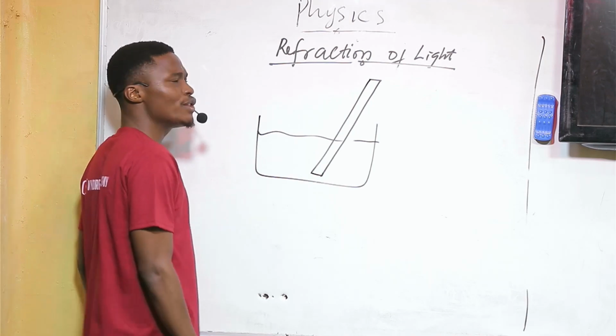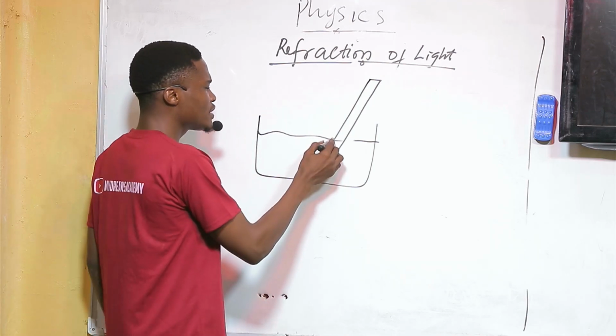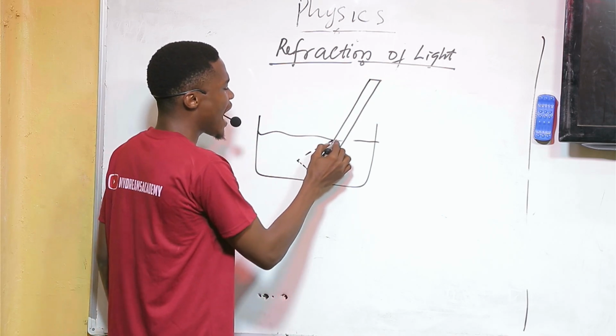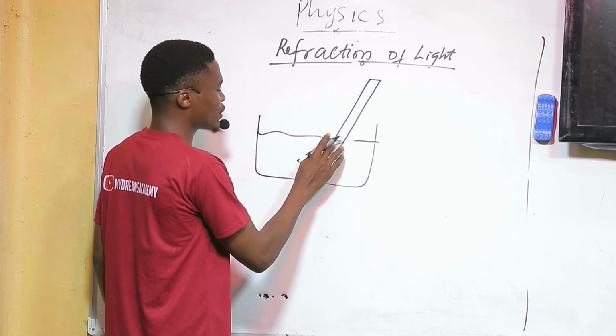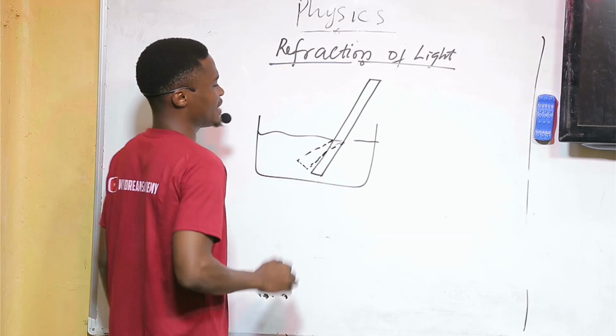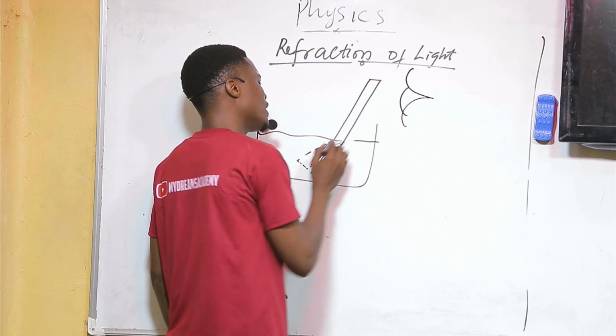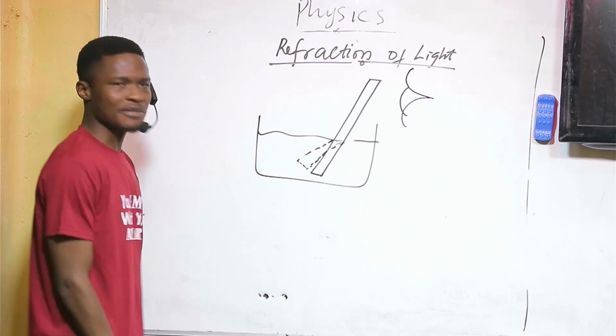Because of the phenomenon of refraction, this rod will appear bent when I observe it from the surface. Somebody looking at it from the surface will see it as if it is bent.